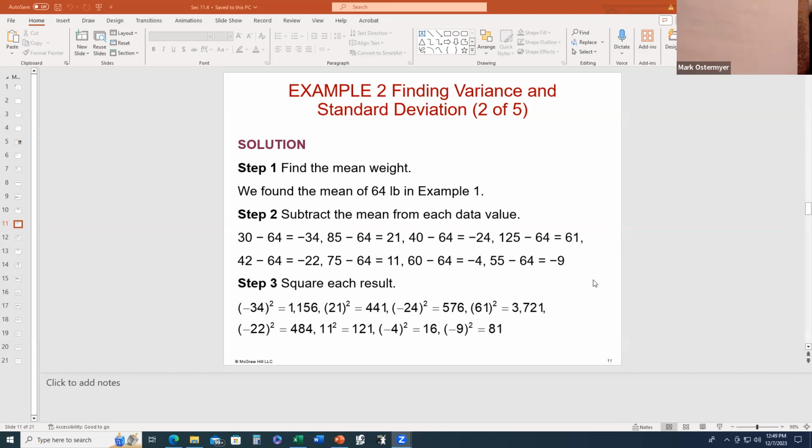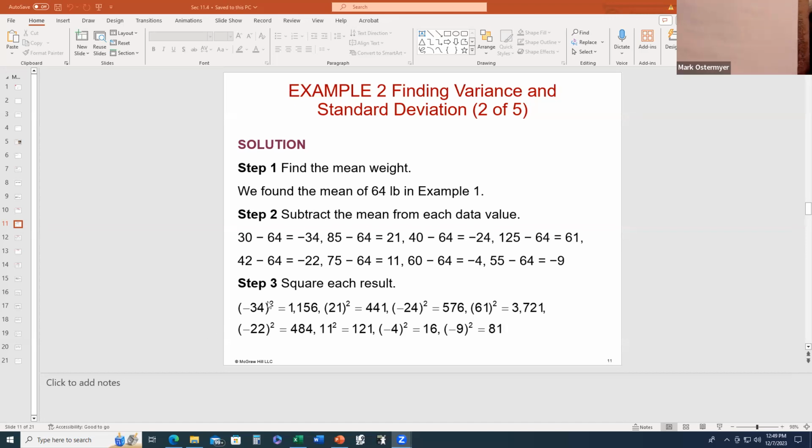All right, so what are we going to do with all these squared differences now? What do you think we're going to do with all those squared differences? Find the sum of the squares. We're going to add them up. Yeah, we're going to sum them up.